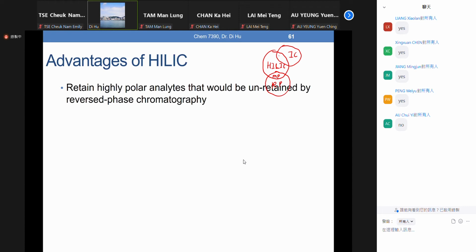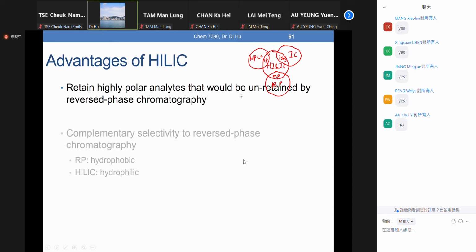They both can handle ions, some of the compounds. And how about HILIC and normal phase chromatography? They have some common things, like the stationary phase, which could be very polar, right? A polar stationary phase.